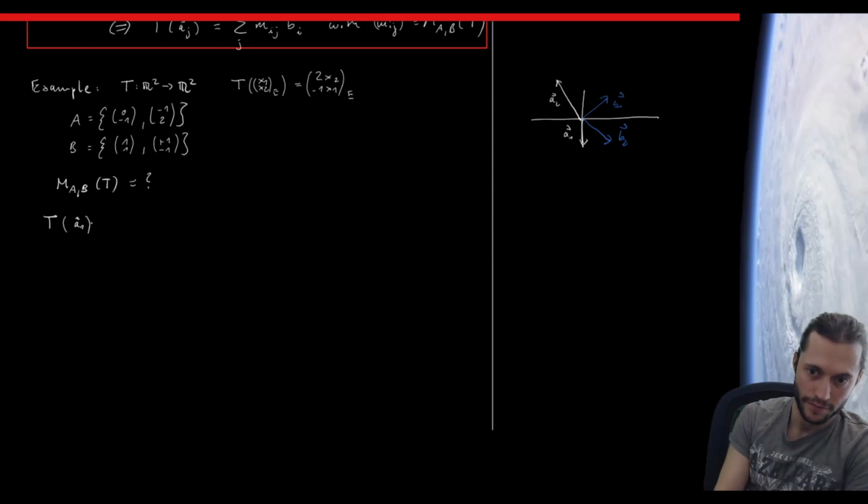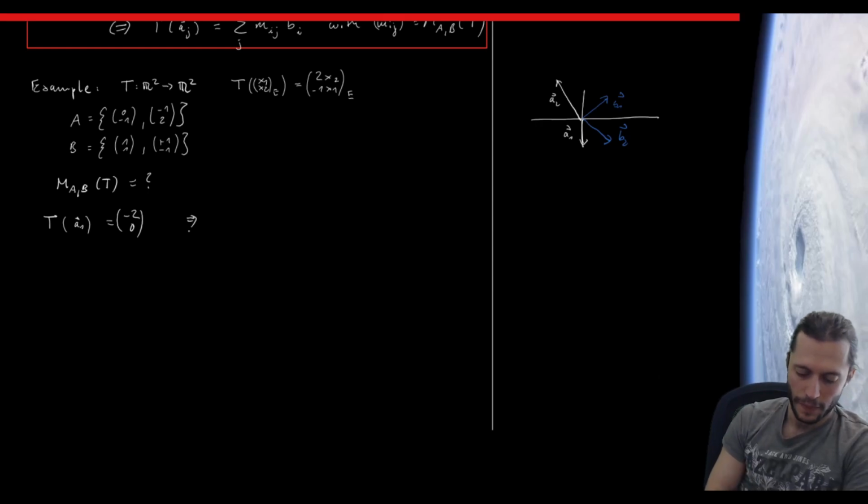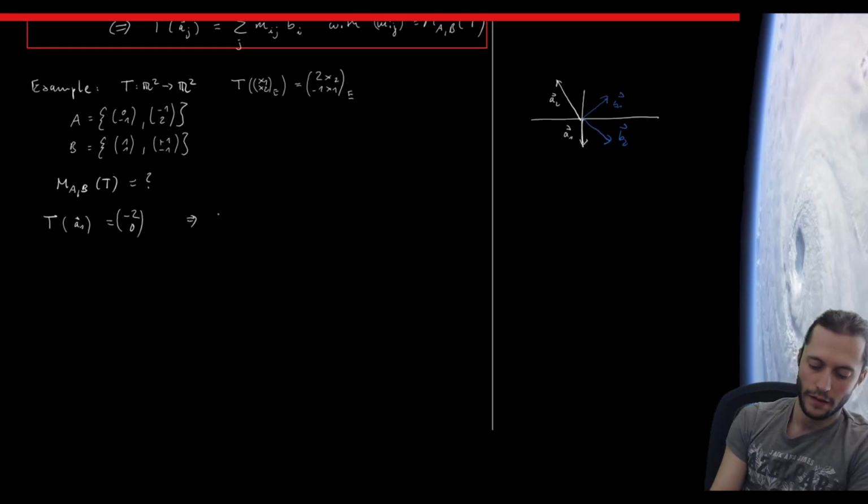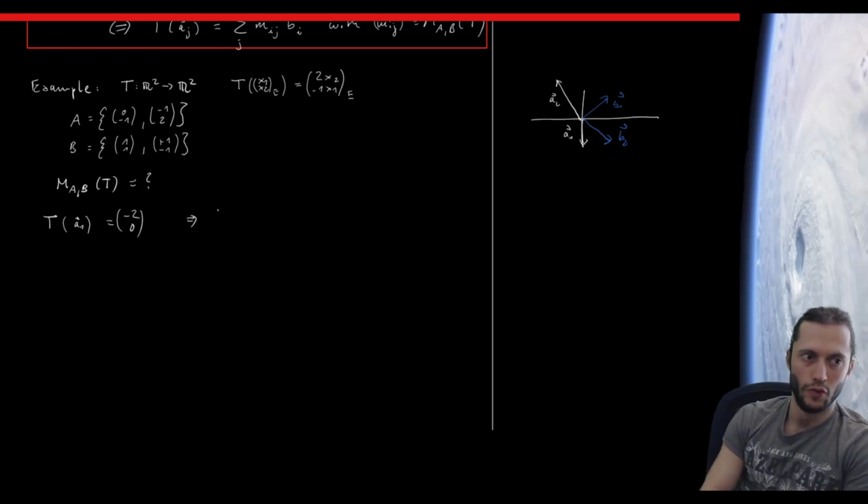Map A1, you get 2 times x2 is minus 2, minus 1 times x1 is 0. And now you express this vector in coordinates of the new basis B.